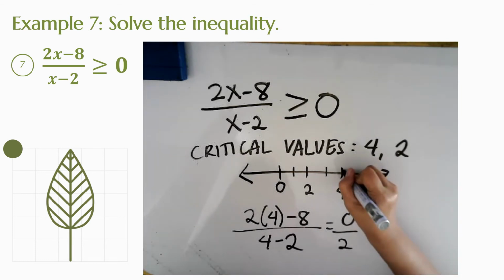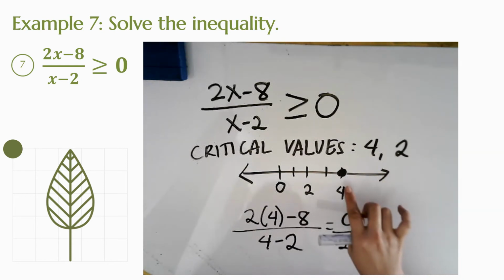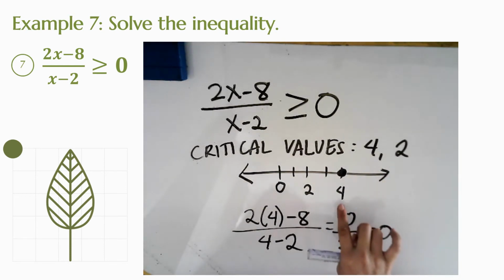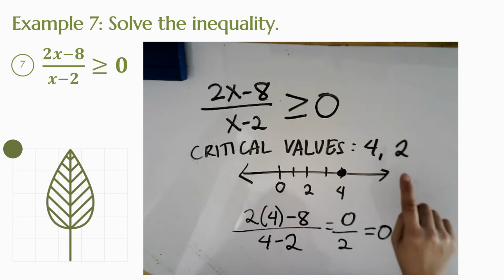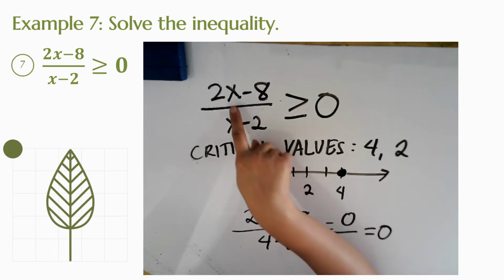So we're going to draw a shaded circle over here on the number line on number 4. Now let's try 2. Let's see if 2 is also included in the solution. So we're going to replace x by 2.